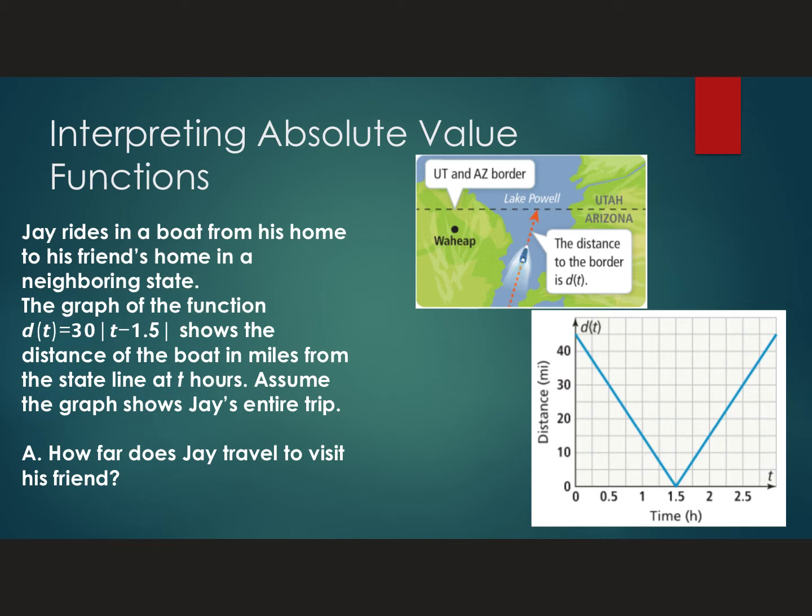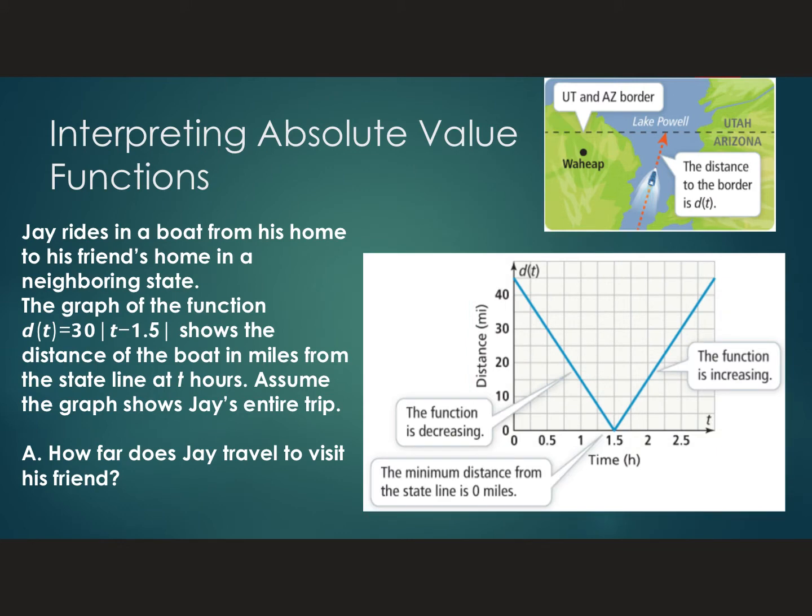Well, let's think about this for just a minute. If we look more closely at our graph, we can see that the function is decreasing from the time Jay starts his trip, from time 0 to time 1.5. My function is decreasing. And then our minimum distance from the state line is 0.